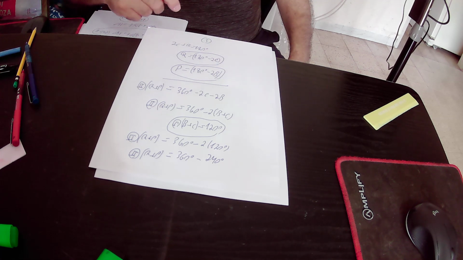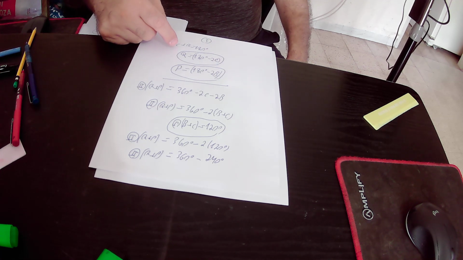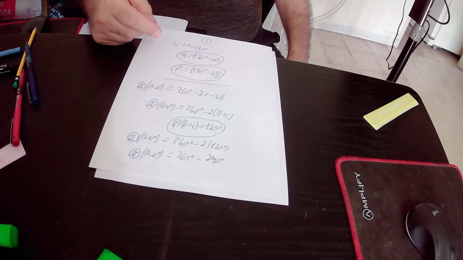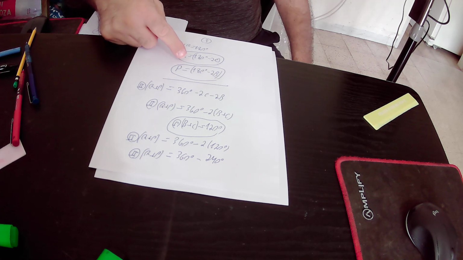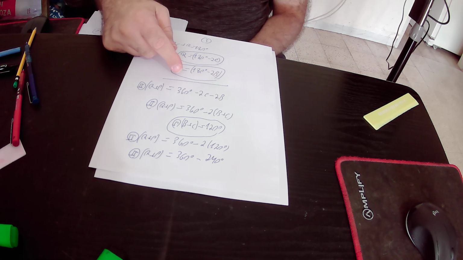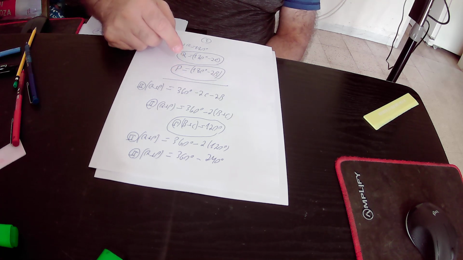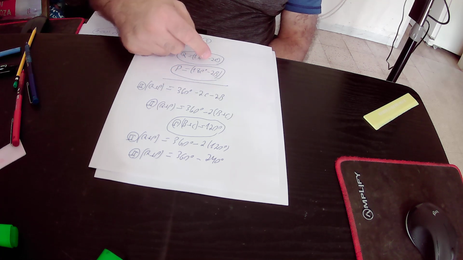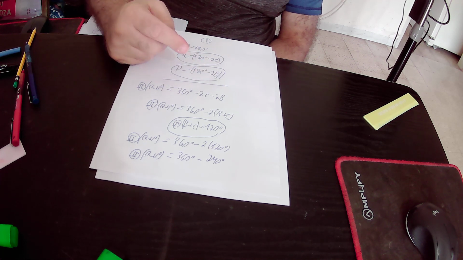So we added Q to P. So Q plus P equals 180 degrees plus 180 degrees, which is 360 degrees, and minus 2C plus minus 2B is minus 2C minus 2B.